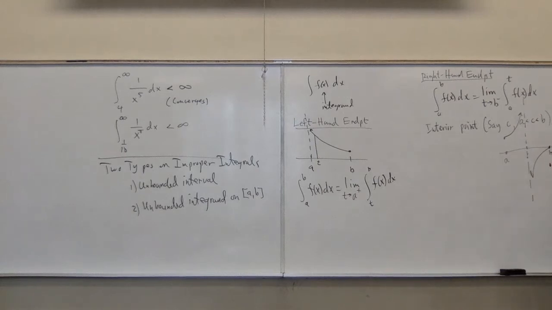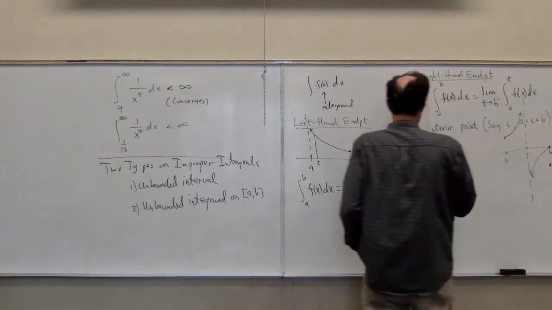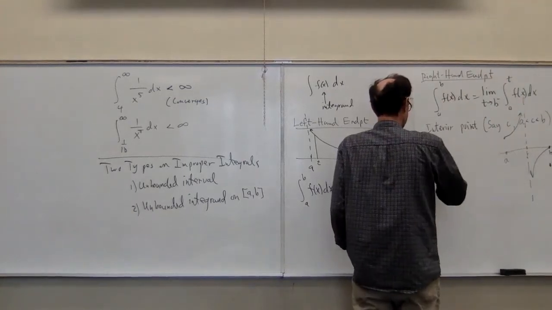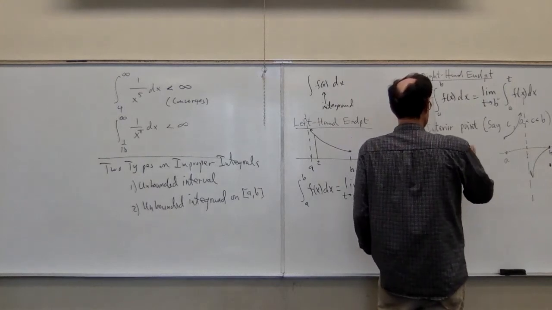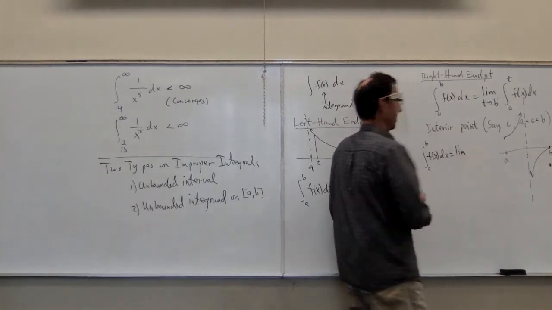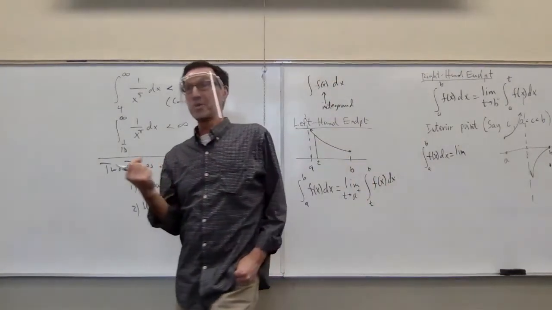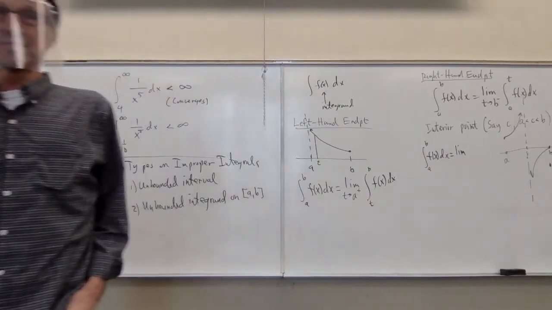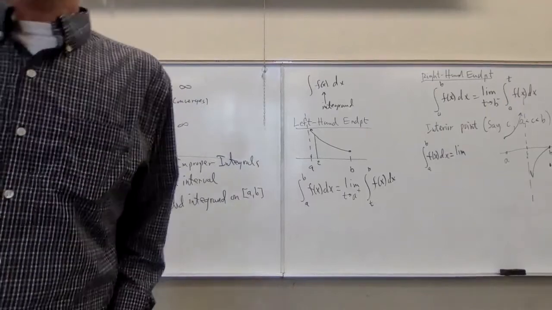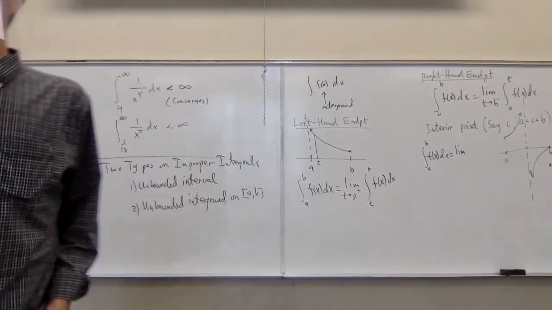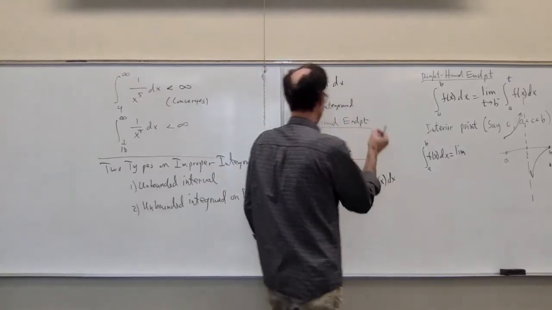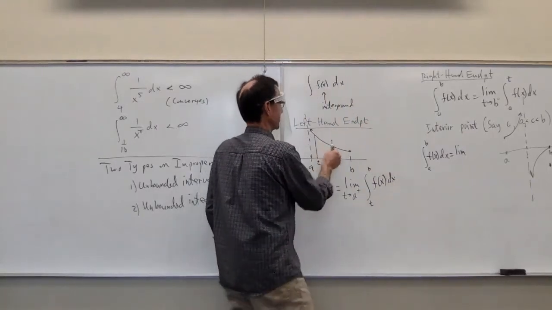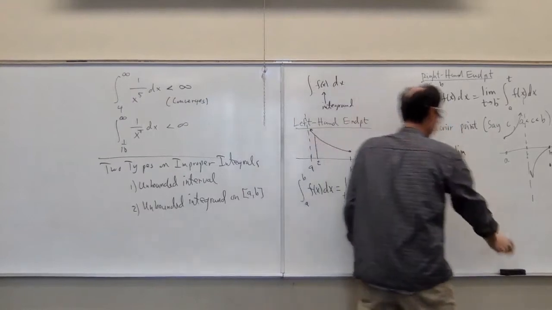Then the way we deal with it, the integral equals the limit. I'm going to break it into two integrals. One of them where the problem is at the right-hand endpoint, and another one where it's at the left-hand endpoint. And we know how to deal with it. In fact, I don't think I need to write the details because we know how we deal with the left, we know how we deal with the right.